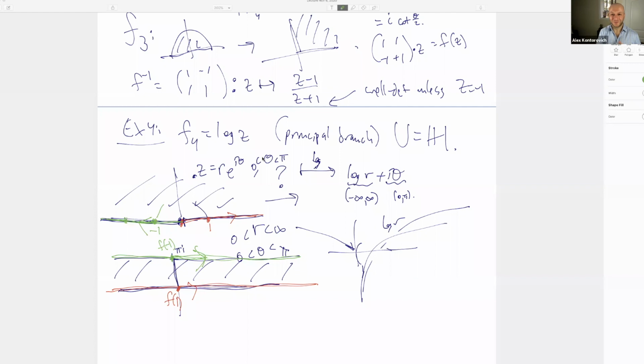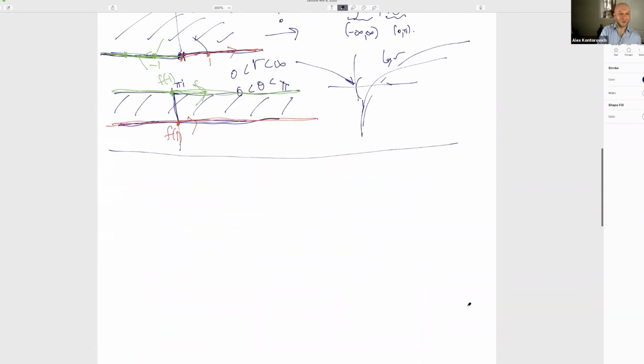Cool? Let's do another. Example 4 was log. Example 5 is e to the iz. F5 takes z to e to the iz.